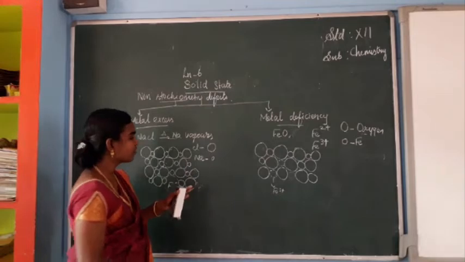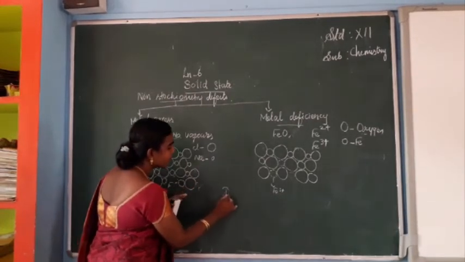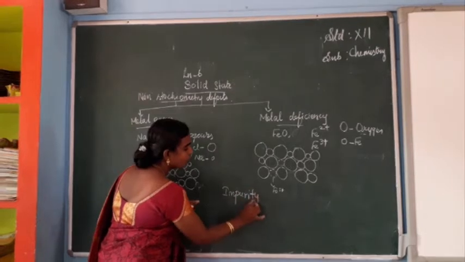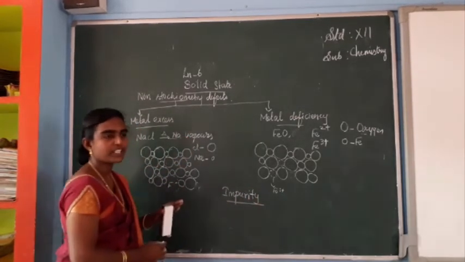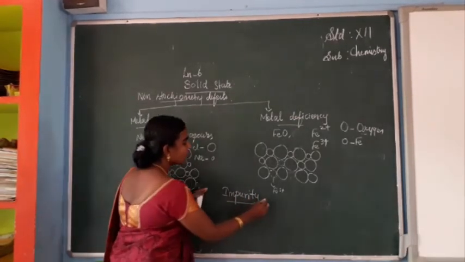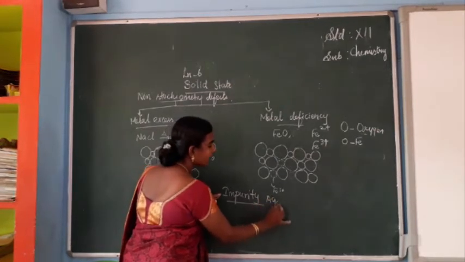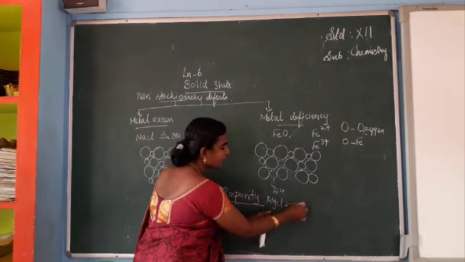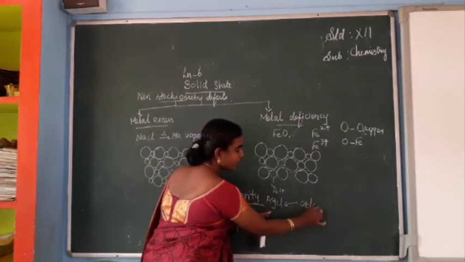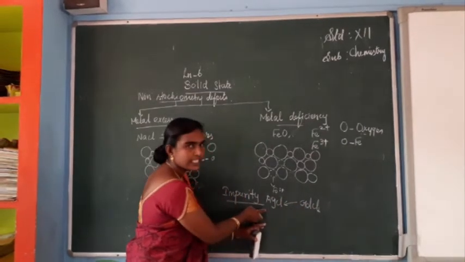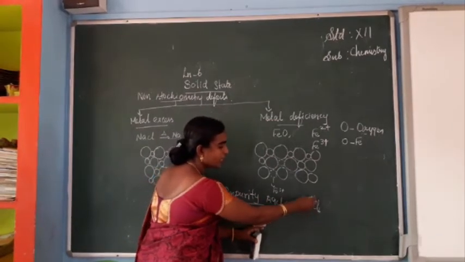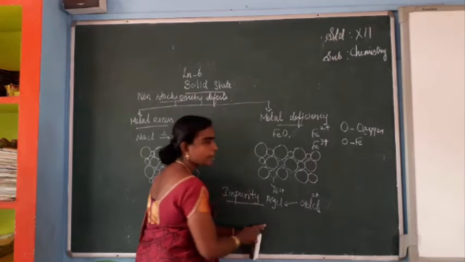One more defect is called the impurity defect. For this type of defect, we can take silver chloride as an example. Along with silver chloride, we add an impurity, gadolinium chloride. Ag has an oxidation state of plus 1, and gadolinium has an oxidation state of plus 2.